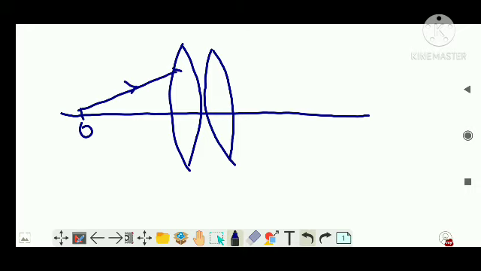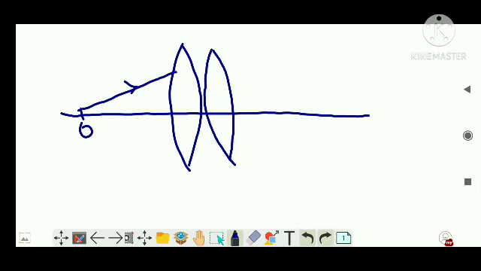Then it will converge a little bit, then it passes like this and reaches the second lens, right? Clear? And then see, if this second lens was not there, then this line would have passed like this, and it would have made an image I dash, right? I hope this is understandable, right?